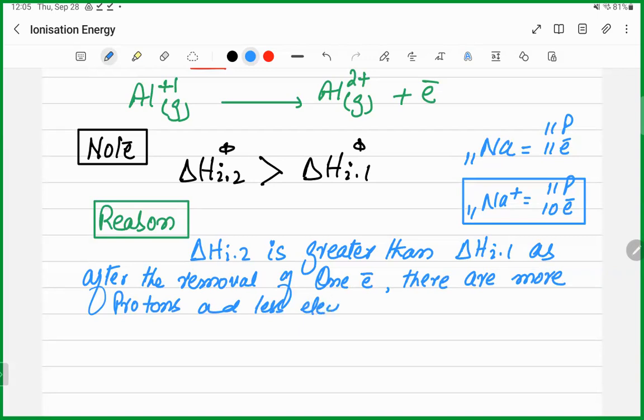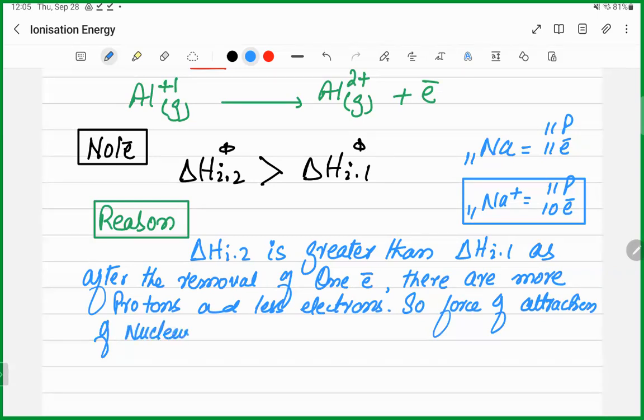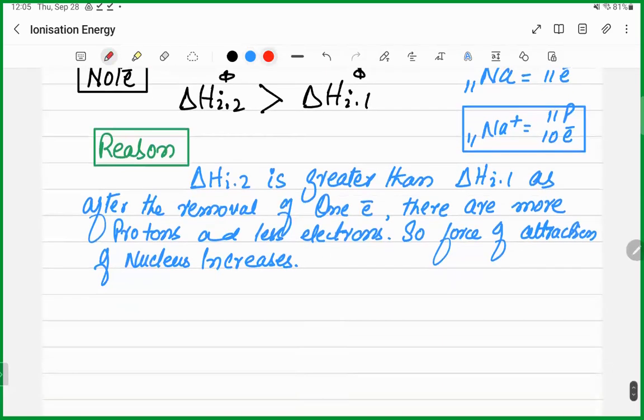And fewer electrons. So the force of attraction of the nucleus increases. Okay, when the force of attraction of the nucleus on the remaining electron increases, this is basically called the effective nuclear charge.